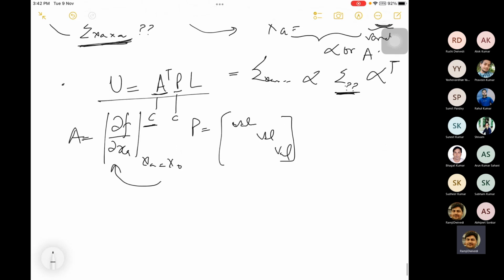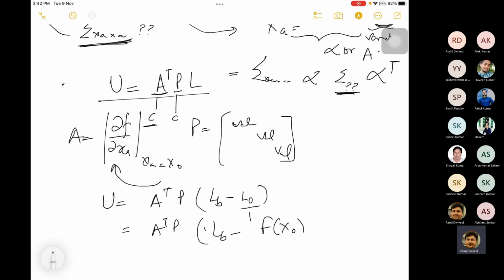But what is L? So U is equal to ATPA L, and now L is Lb minus L naught, so ATP Lb minus... what is L naught? L naught is F x naught. After linearization you have taken this value.